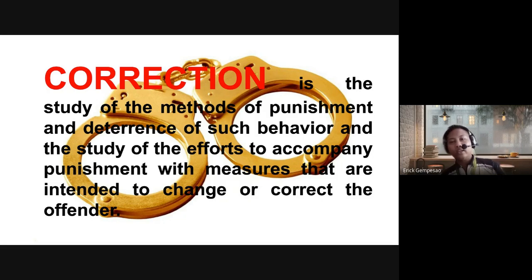And we as penologists or criminologists in this profession are trying to look into the methods of how we can punish an individual in such a way that we can change or correct his or her criminal behavior. So that is correction.